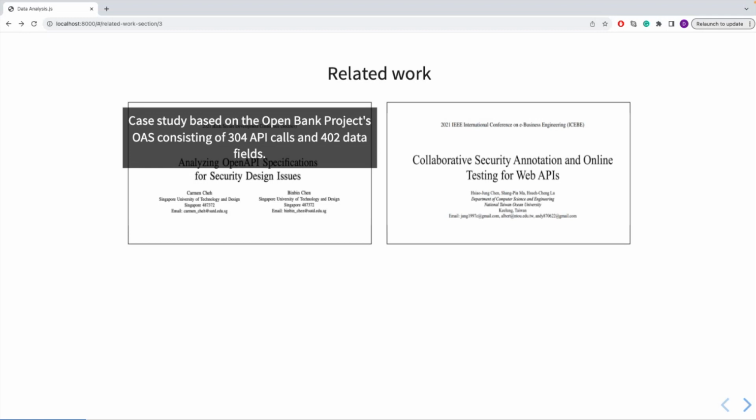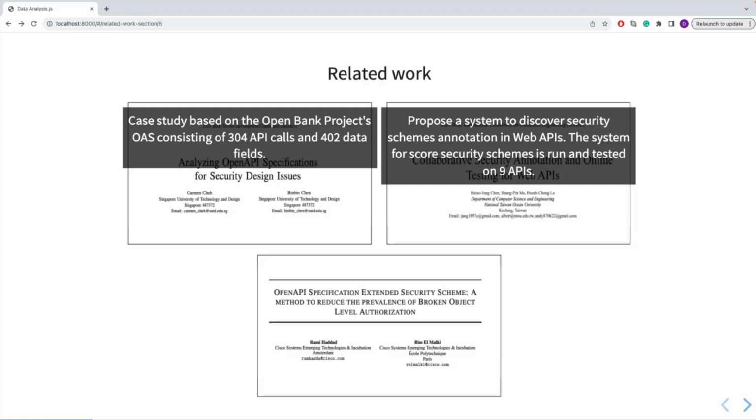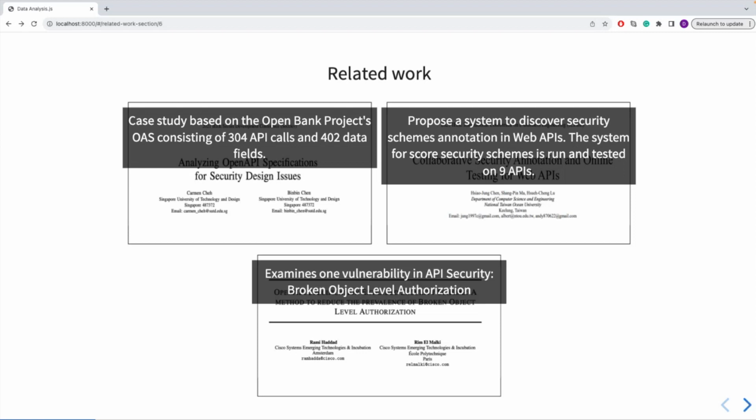Another related work proposed a system to discover security schemas annotation in web APIs. This system scores security schemas and was tested on 9 APIs. And another related work reviews a vulnerability called broken object level authorization.